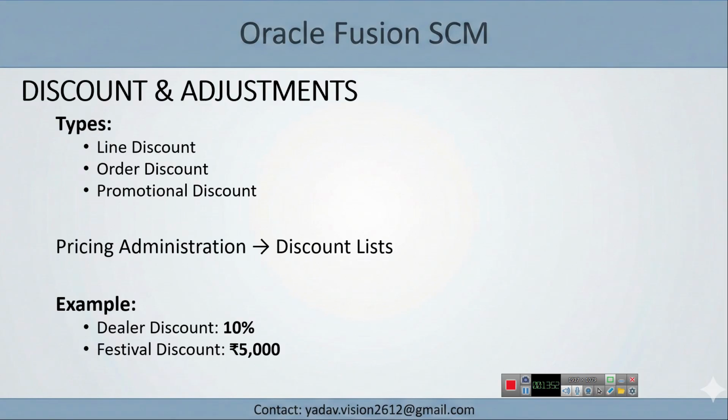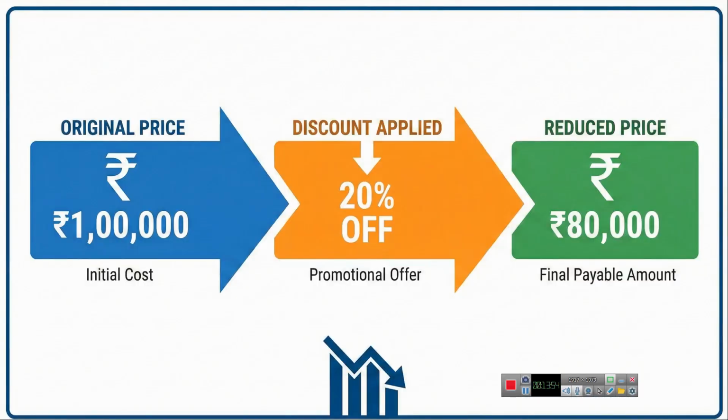This is how a discount is applied. Sometimes they also provide discount coupons, so if you apply that coupon, you get that percentage of discount. My original price was 1 lakh rupees. After applying the 20%, the final price I get is 80,000 rupees, the reduced price for the product.